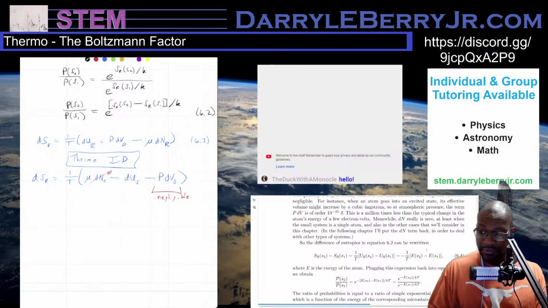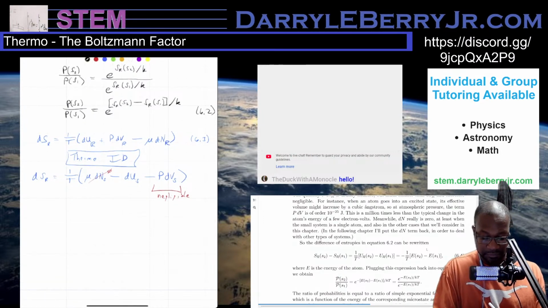So we have the change in the entropy of the reservoir while the atom is in state 2 minus the entropy of the reservoir while the atom is in state 1.